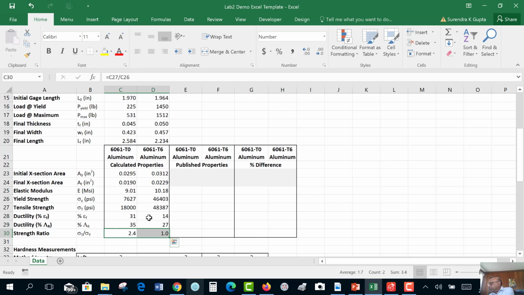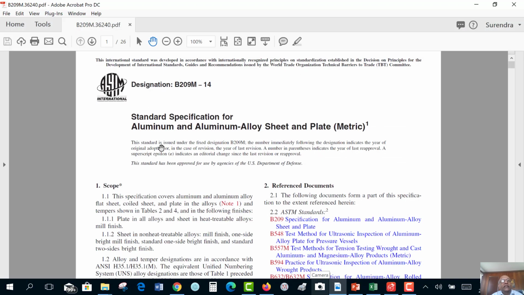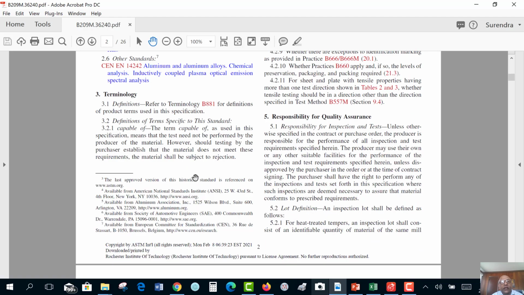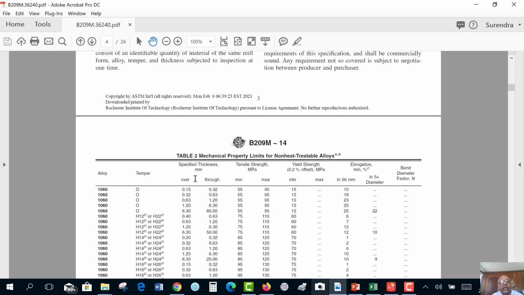Okay, let's look at published properties. So for published properties, we are going to look at the ASTM standard B209M14. If we keep looking down, you can see there is a table of values for non-heat treatable alloys.